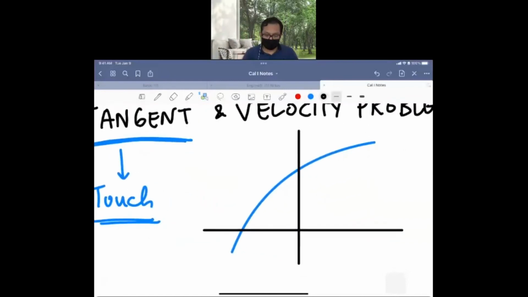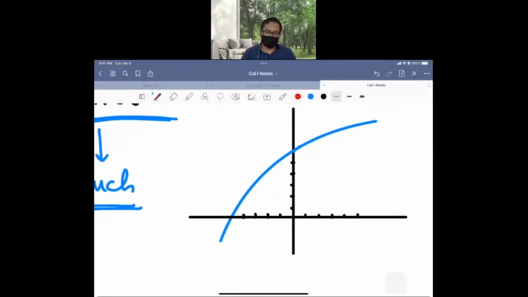So, for example, we can define this axis with 1, 2, 3, 4, like that, or maybe smaller than this. That's also possible. But what I want to share with you here is when we have a graph in a rectangular axis, the curve, the blue one, is actually coming from many dots.